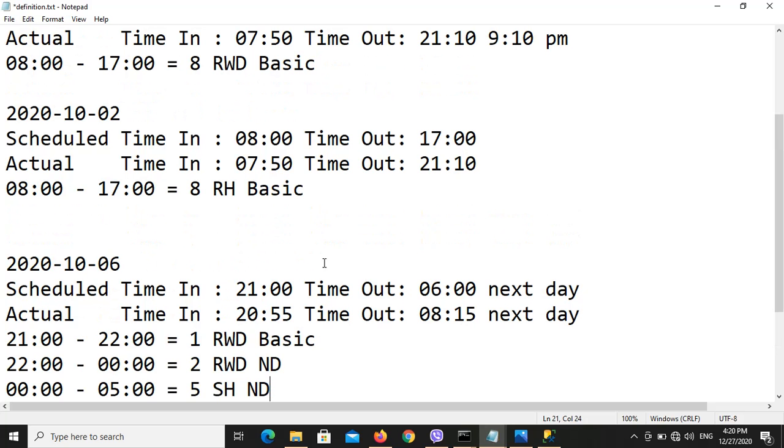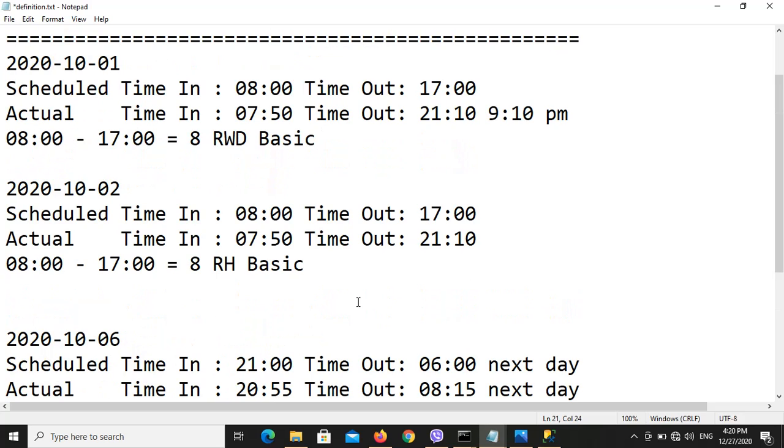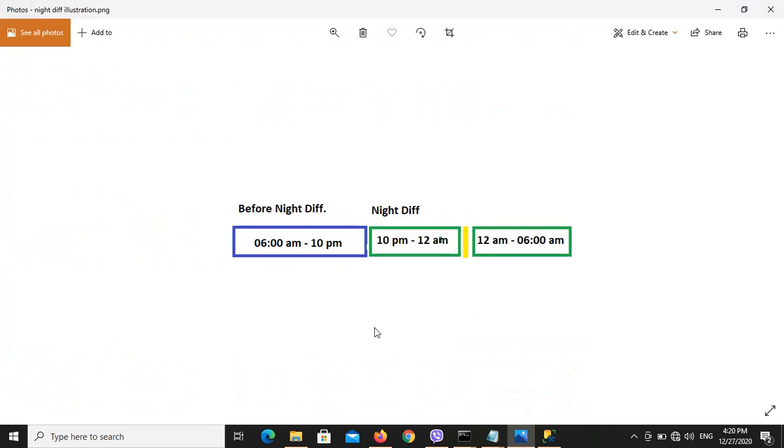Okay, so the thing here is that I think you need to remember this. You need to determine whether the employee is working before the night shift or before the night differential, and then within the night differential, and then on what day it falls. Is it a regular working day? Is it a special holiday? Is it a rest day?